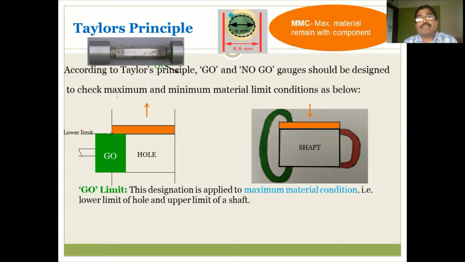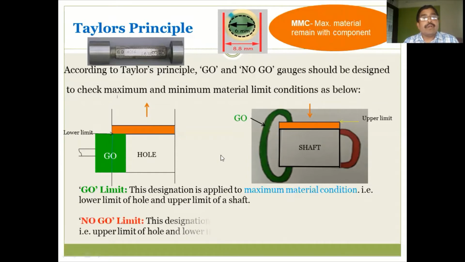If you see the shaft, when you take the snap gauge, it touches the upper limit of the shaft. So that's why we say the go limit designation is applied to the maximum material condition. It means in the hole we can increase the size, and in the shaft we can reduce the size. I have shown the arrows here.